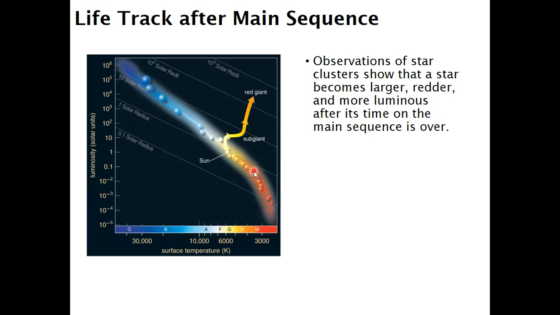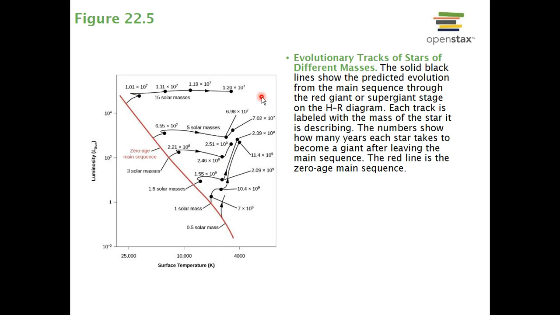Right? And what we see from the evolution of stars is that they become large, red, and more luminous as time runs out. As their hydrogen runs out, whatever the process is has to make it a larger, more luminous, and red star. All right, and we see that in all sorts of different masses.